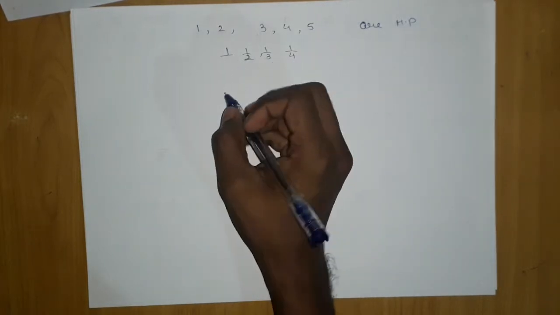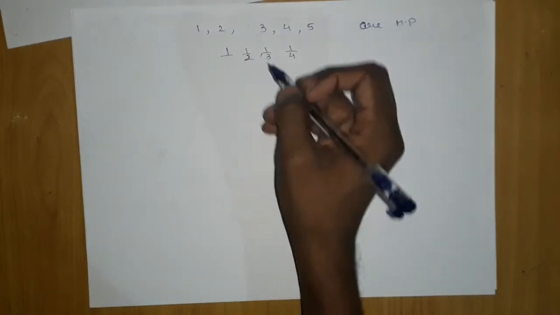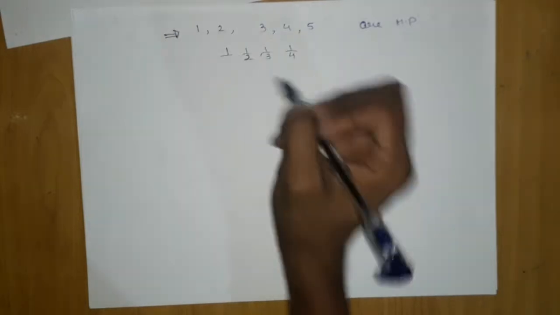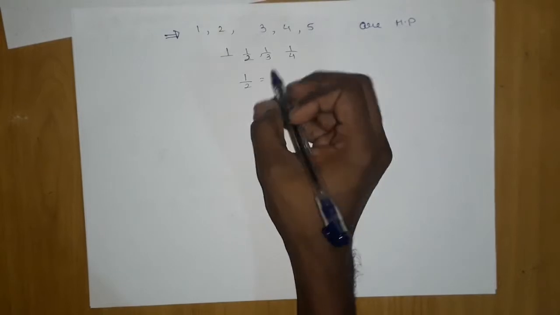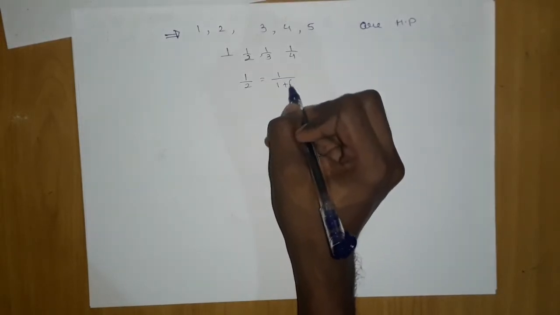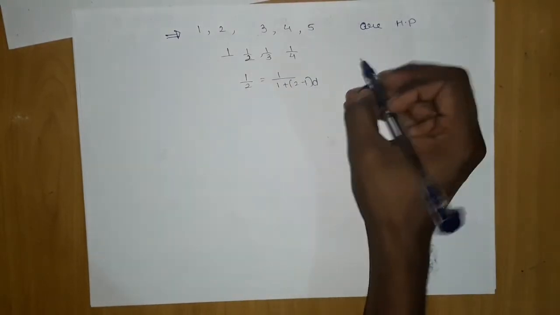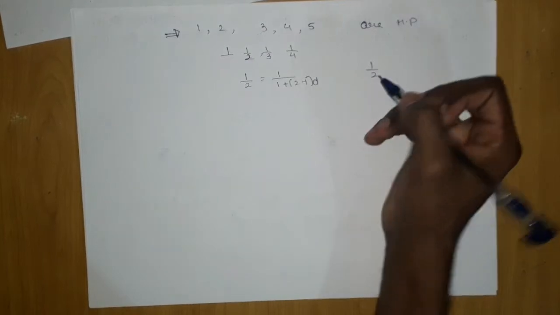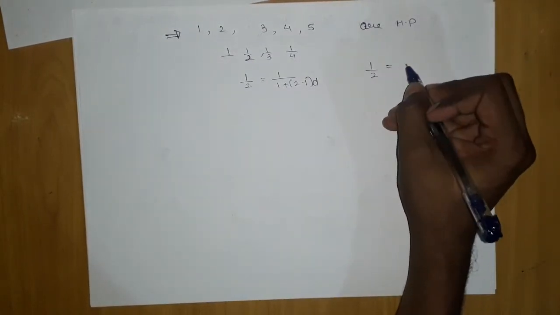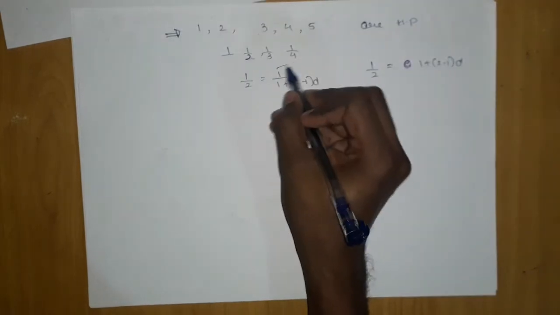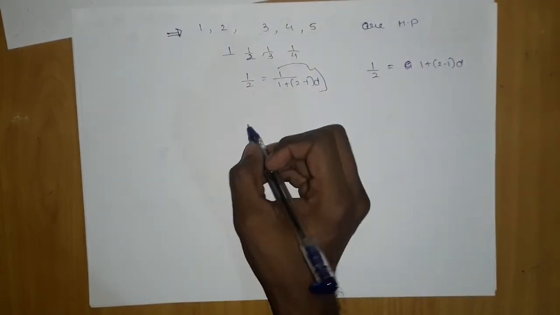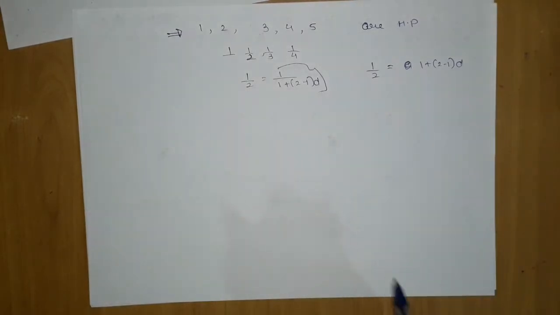I'm just taking it as an example. Now I know that this is in AP. So some children, for 1 by 2, the second term, write 1 upon (1 plus (2 minus 1) into d). Why? You have inverted the terms, so they are in AP, and now you can directly use 1 plus (2 minus 1) d. Why do you have to do this 1 upon? That is the mistake. This thing is wrong.